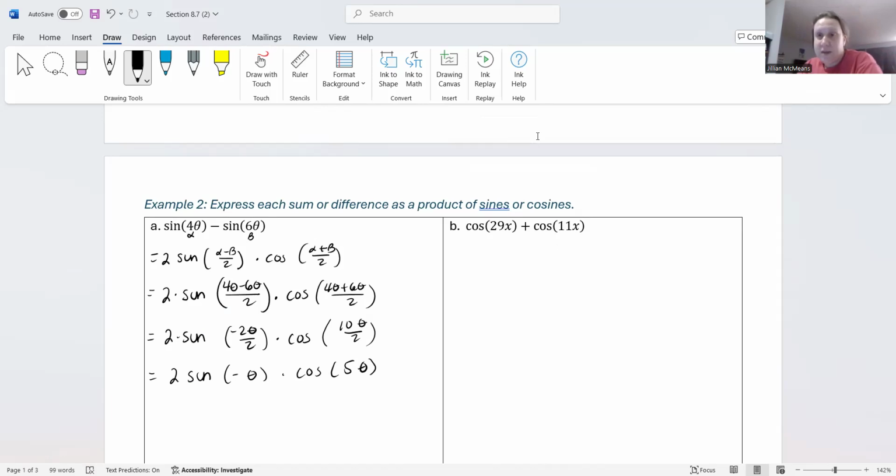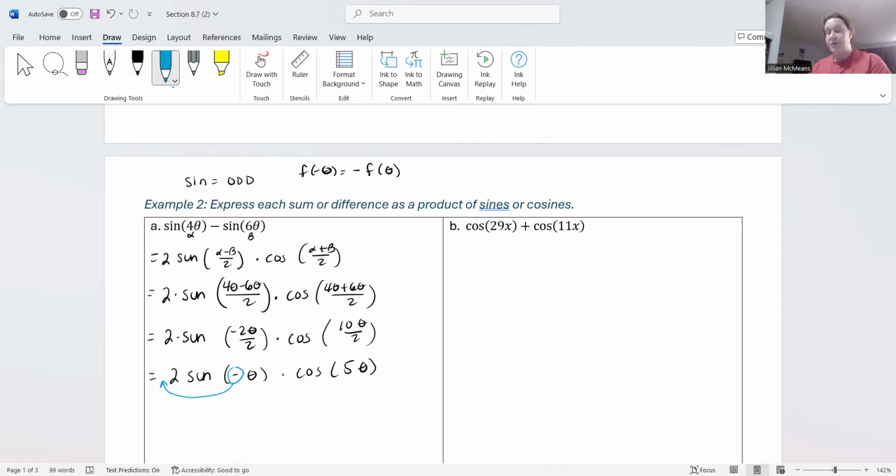We don't like having this negative argument for sine, okay? And please remember that sine is odd. So that means opposite inputs yield opposite outputs. So if I have f of negative theta, that equals negative f of theta. So I can take this negative right here and I can move it to the front. I'm not really moving it.